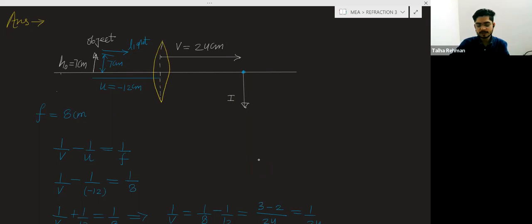For solving numericals on lens or mirror, first you should know the formulas. The formulas are very easy. There are two, three, or four formulas, and then you should know the proper sign convention, and after that you should know the calculation.